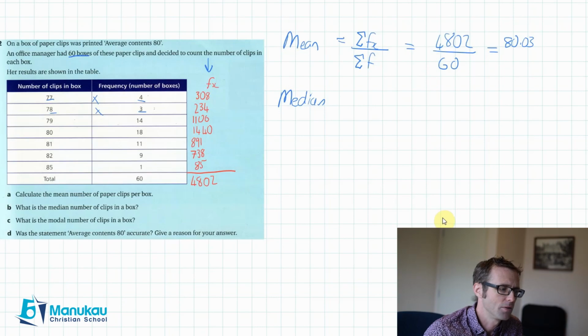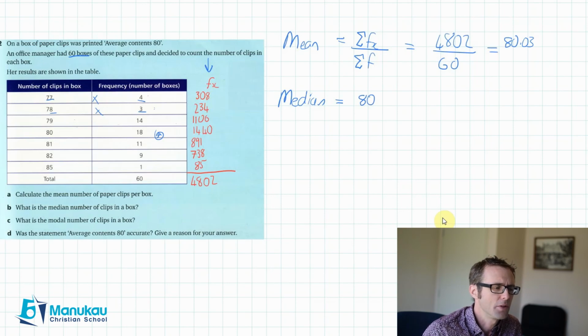So by the end of these two rows, we're up to 7. By the end of the first 3 rows, we're up to 21. And by the end of this one, we're in 30 and 31. So we're in this territory here for our median, because the 30th and the 31st boxes occur in this row. So the median will be 80.